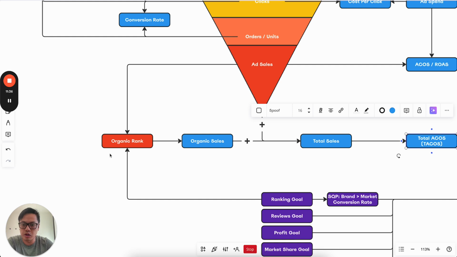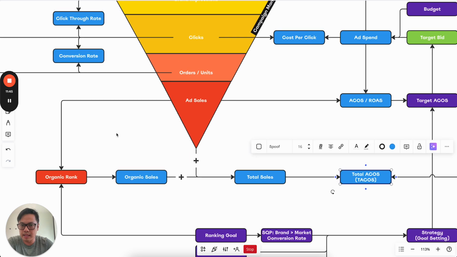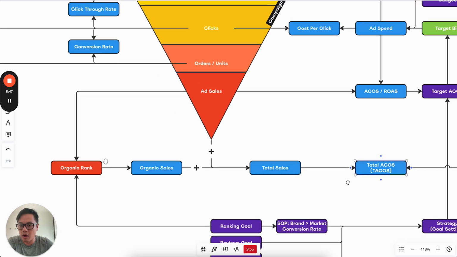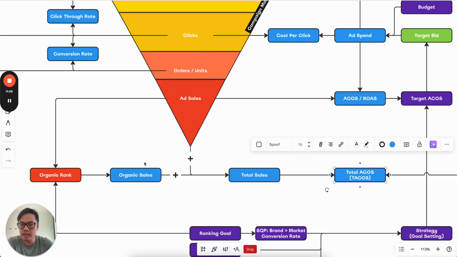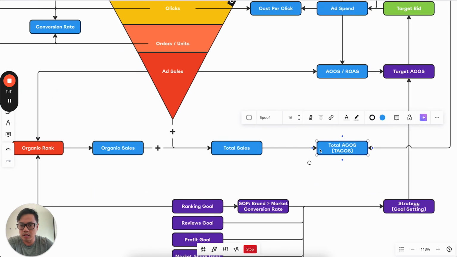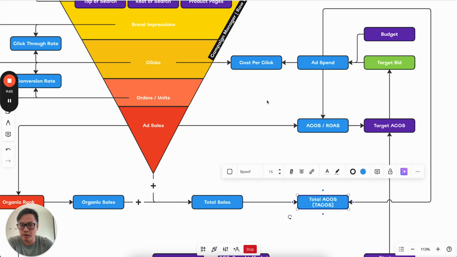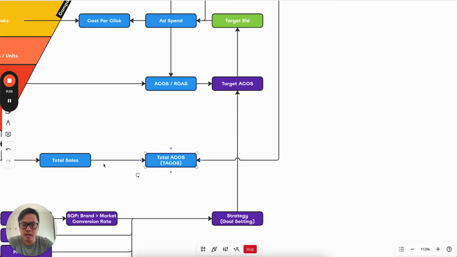So whether you're tracking your organic rank and making a KPI there, or looking at keyword market share. When you look at those two KPIs separately and improve both of them separately, it makes it a lot easier to improve TACoS, because if you improve your ads and your organic side, then your TACoS will naturally improve.